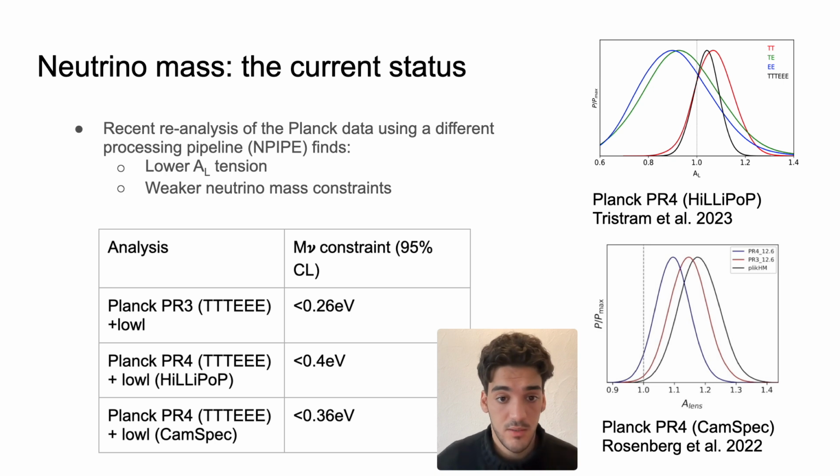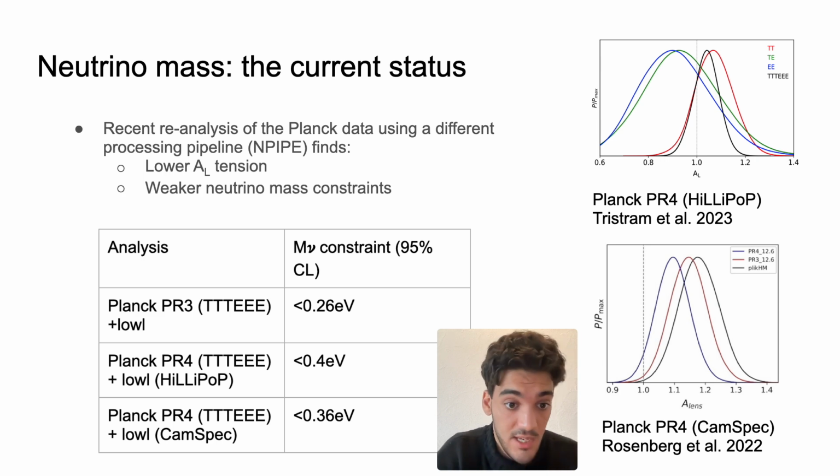So just a quick flash up of what the current status of this A-lens tension is. As you might be aware, there was a recent Planck reanalysis with the NPIPE framework, and there's two likelihoods. There's HiLLiPoP and CamSpec, and HiLLiPoP basically finds A-lens of 1, CamSpec finds A-lens a bit bigger than 1, but nowhere near as significant as it was in PR3.